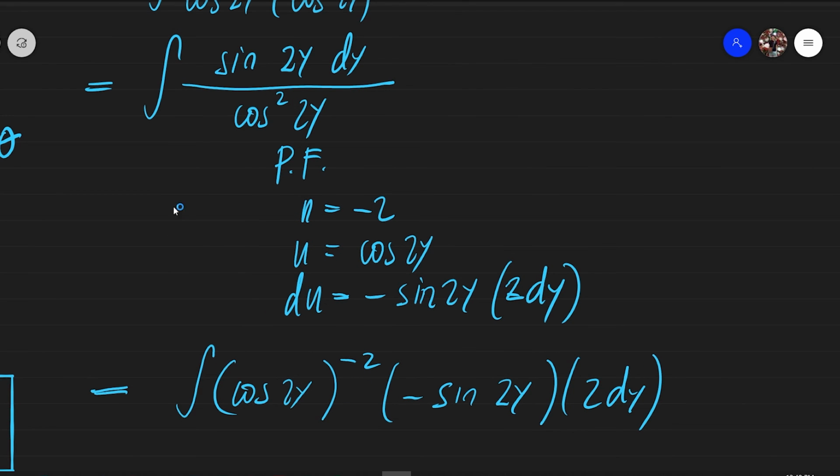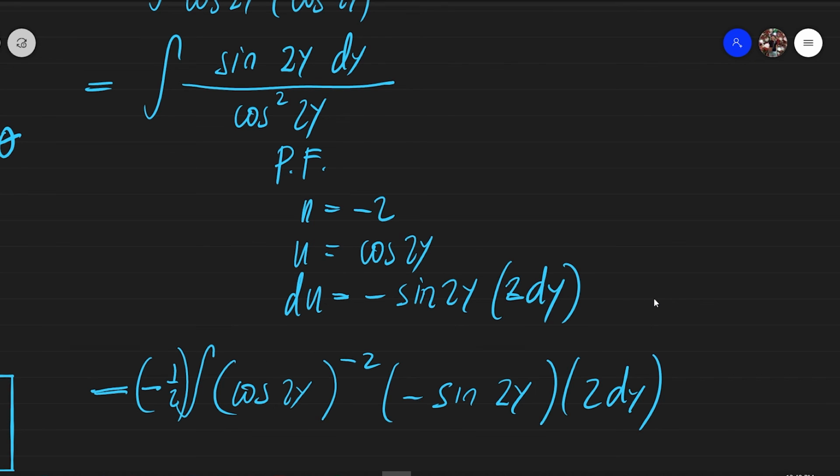Everything can be seen in this function right here except for the negative and 2. Your negative 2 cannot be found in this function, so you have to introduce a correction factor. And that is negative 1/2. So we'll multiply this by negative 1/2.